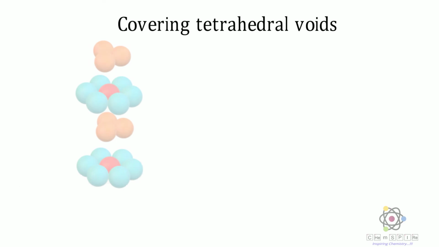First, covering tetrahedral voids. In this type of arrangement, the third layer is similar to the first layer. So, the type of arrangement is ABAB type.